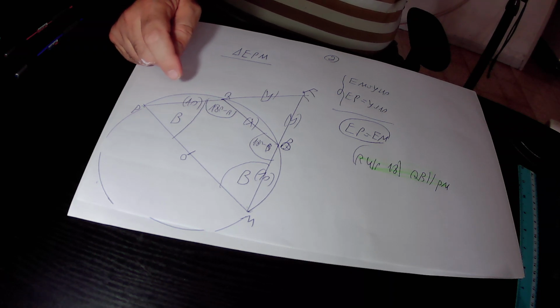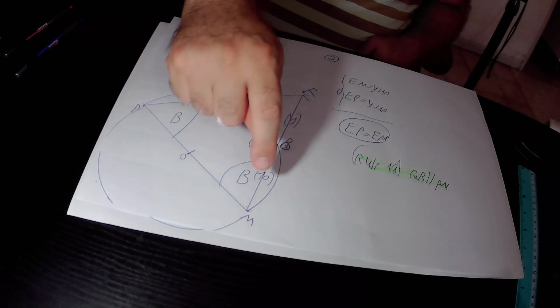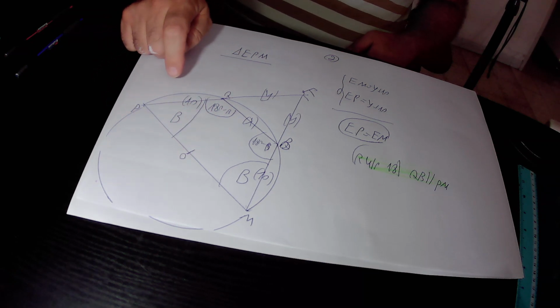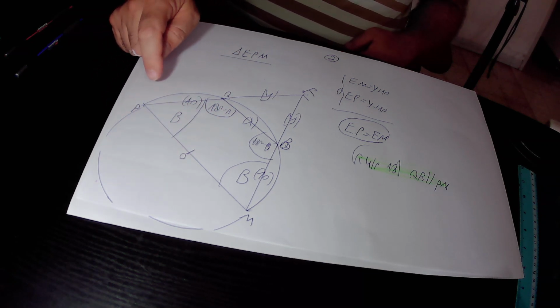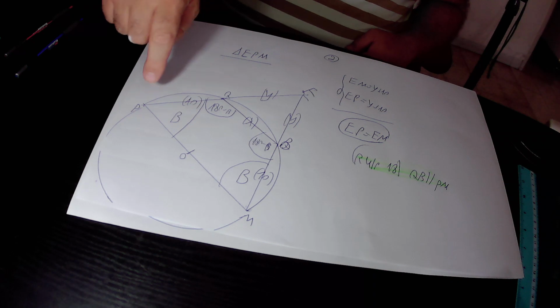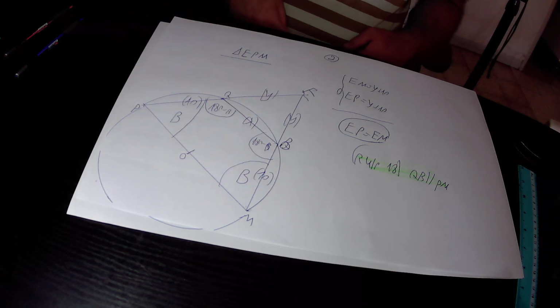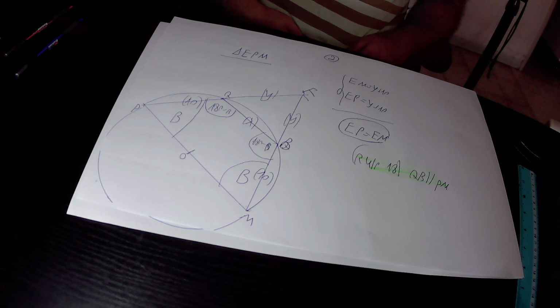In the next step, we complete this semicircle to a circle. So here we have quadrilateral PQBM inscribed in this circle, and we have the rule that says that in any quadrilateral inscribed in a circle, its two opposite angles must sum to 180 degrees.